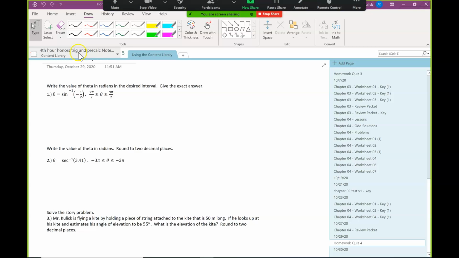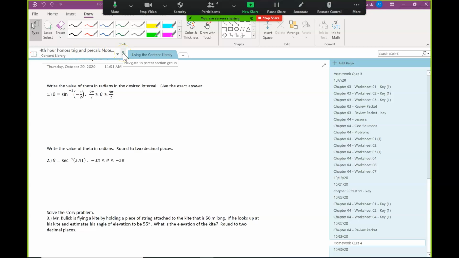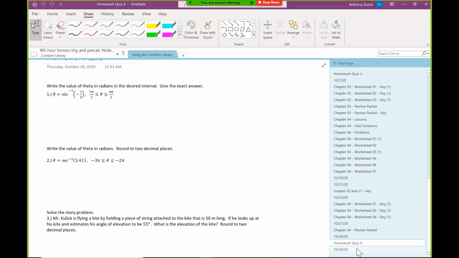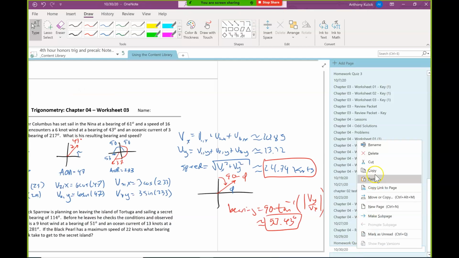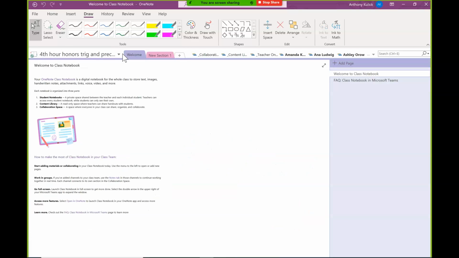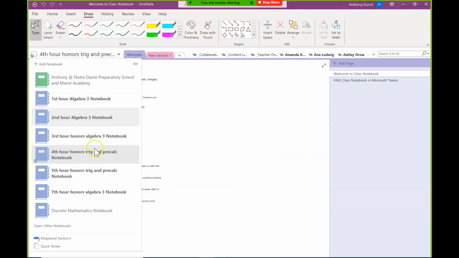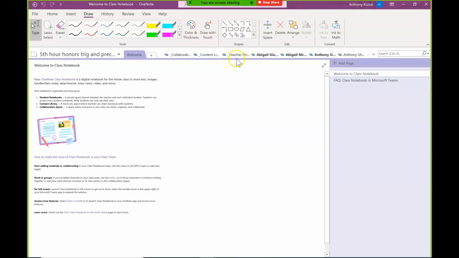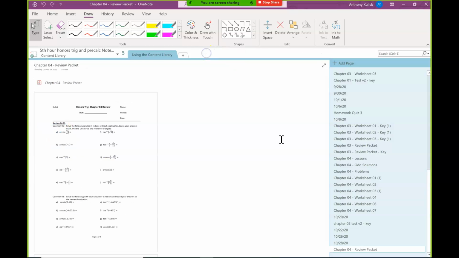Oops, hold on a second. I was in 4th hour's notebook when I did this, so I'm going to cut this page that we just did for notes, and go into 5th hour, and maybe I haven't moved it into the content library for 5th hour yet.